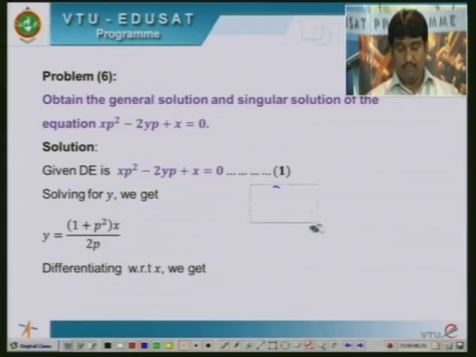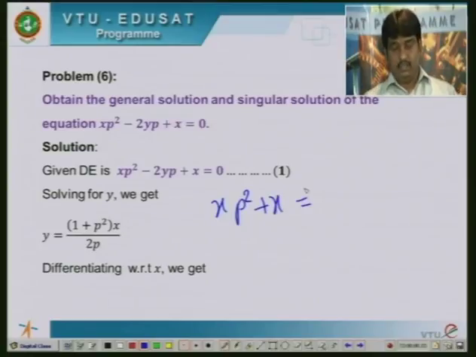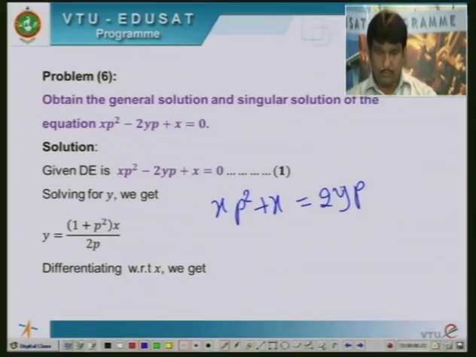So what you can do is, to have only even powers of p, I will take 2yp to the right hand side. So it is xp square plus x equals 2yp.